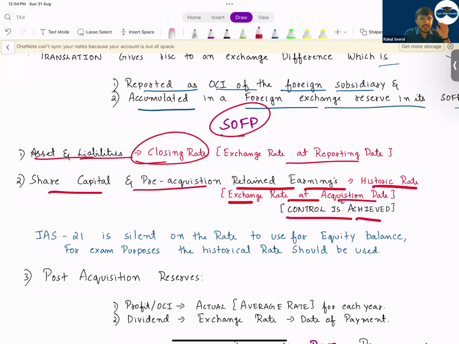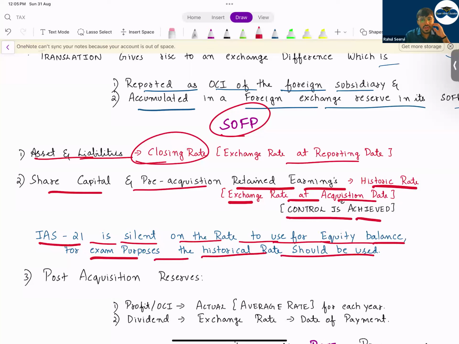IAS 21 is silent on the rate to use for equity balances, but the historic rate should be used. Retained earnings include profit, and for profit it is better to use the average rate, but here we will use the rate on the day when control is achieved.